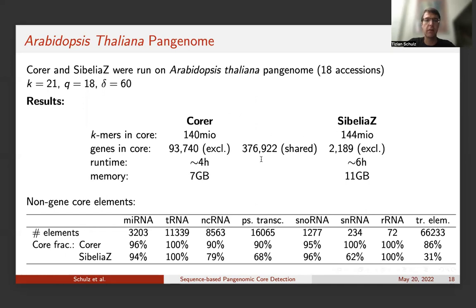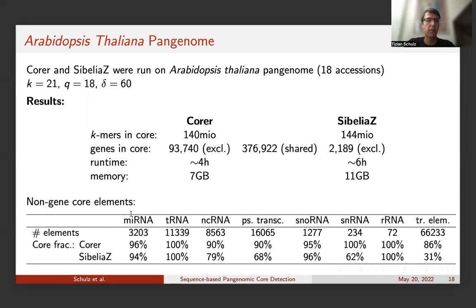And also on the level of genes, we see that most of the genes are shared, whereas Cora was able to find some more genes inside its core. For this data set, we also see that Cora this time, even though we still use a smaller k-mer size, is faster than the Sibelia Z. And again, it uses less memory.